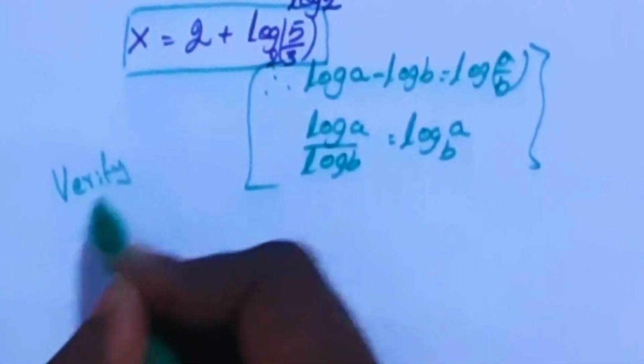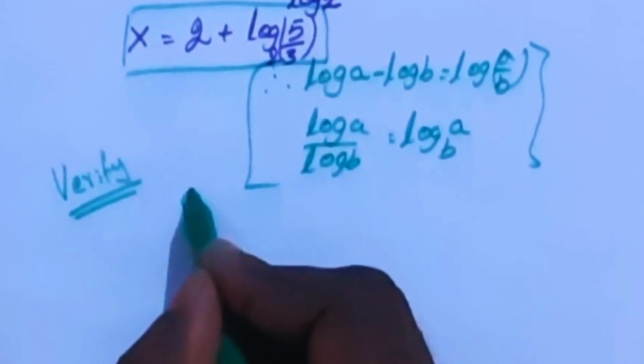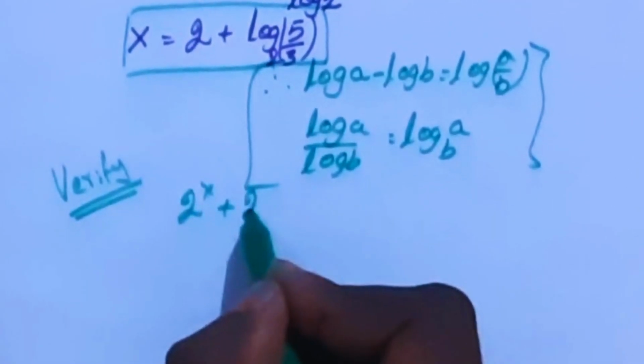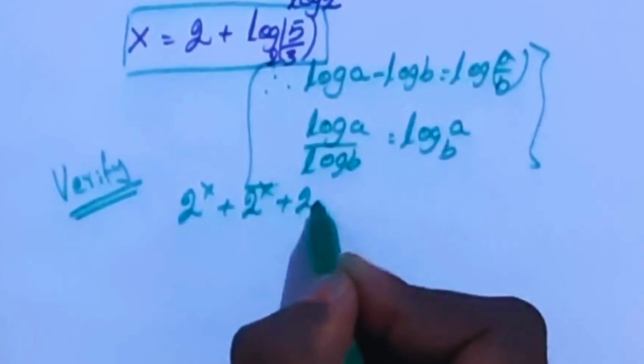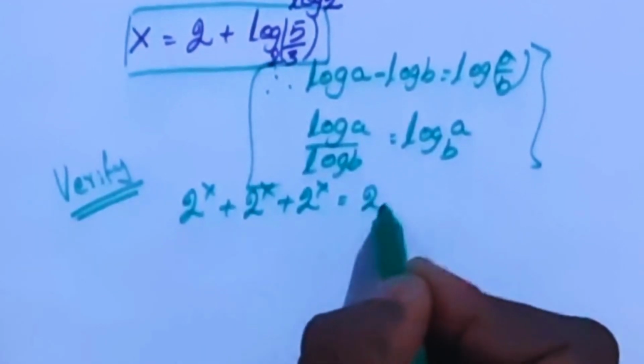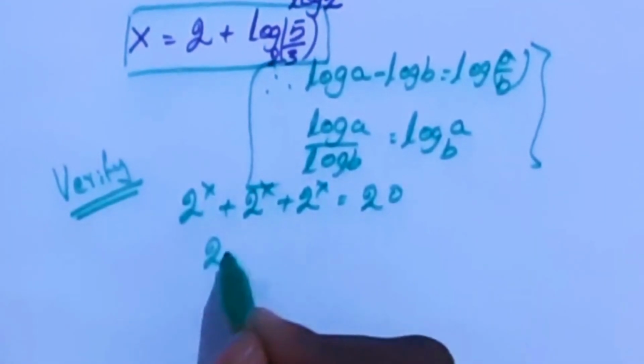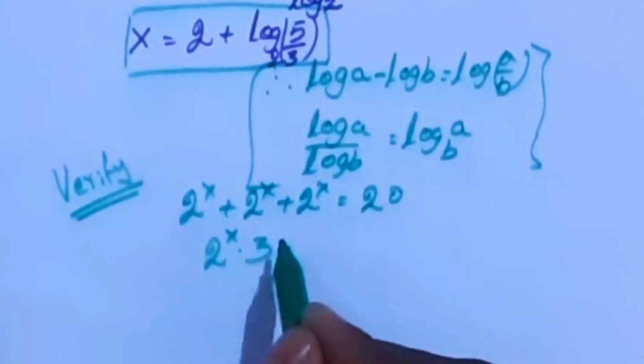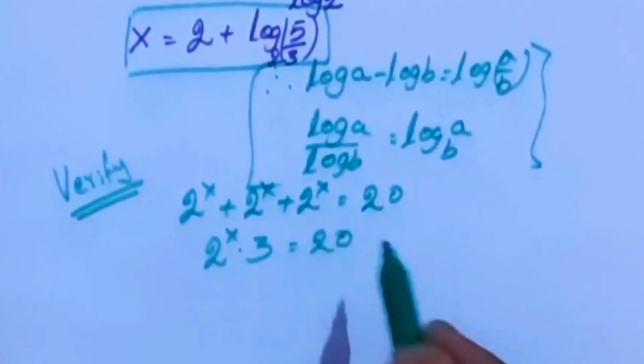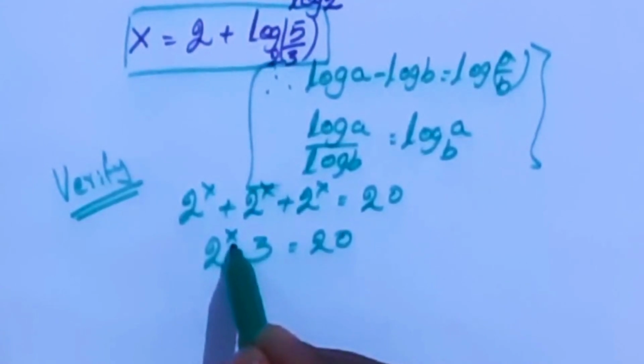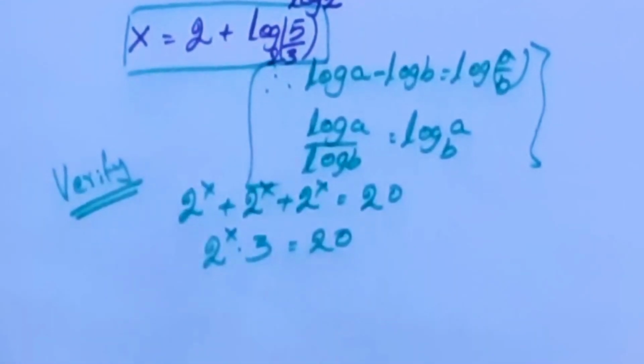Verify with 2 power x plus 2 power x plus 2 power x equal to 20. This is 2 power x times 3 equal to 20. We are going to apply x here. X value is this.